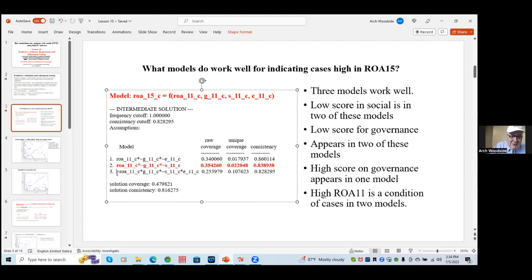So sometimes a firm can turn itself around in terms of ROA and perform well a couple years down the road that had low performance back in 2011, and that model works okay. It's above the benchmark in consistency.